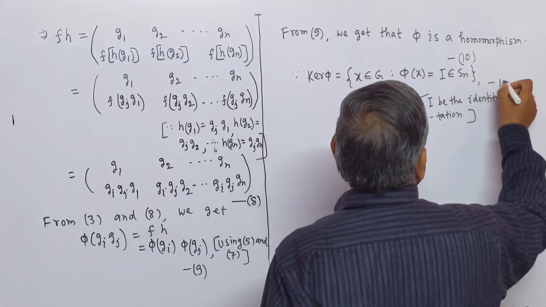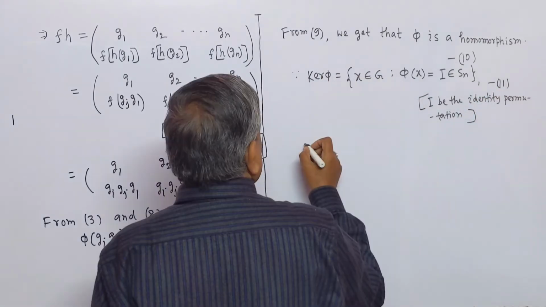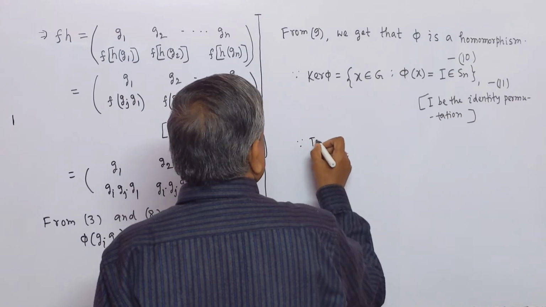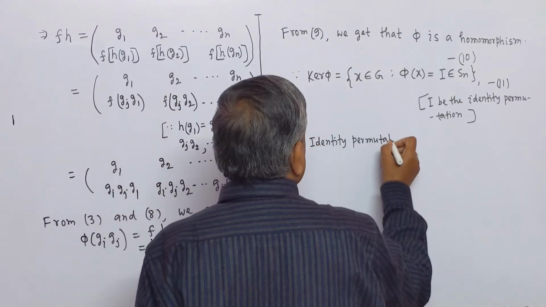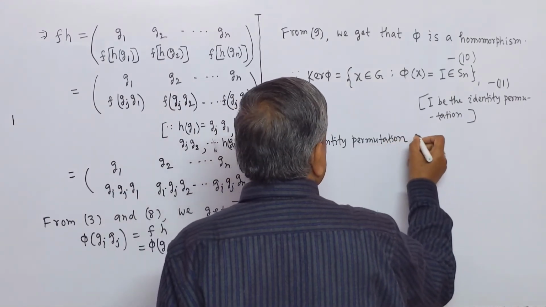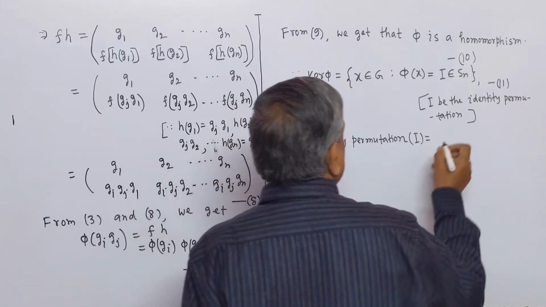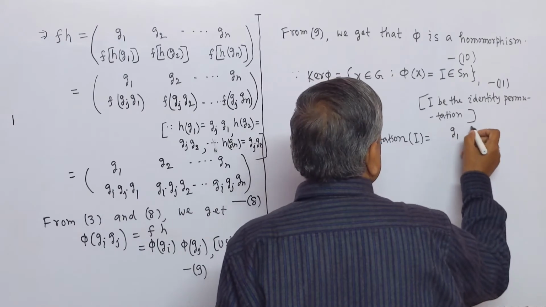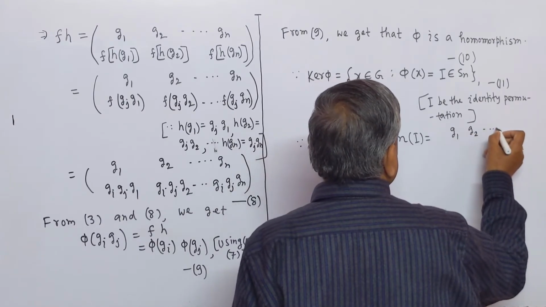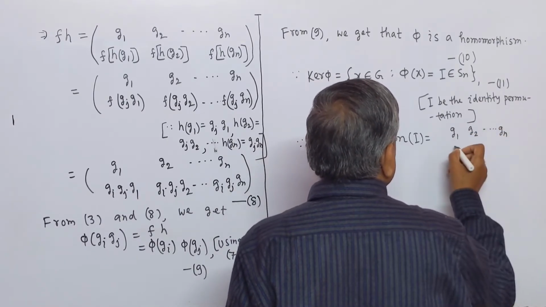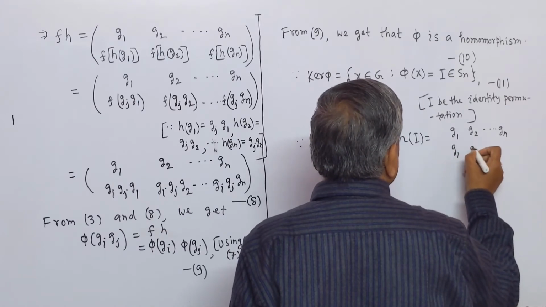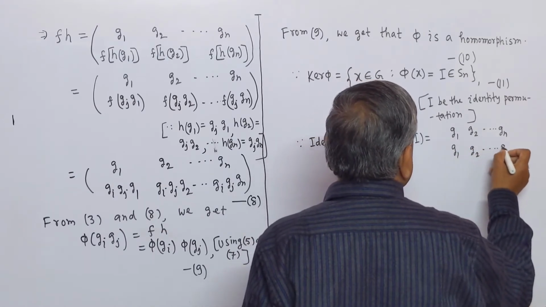This is number 11. Since the identity permutation I maps g1, g2, ..., gn to g1, g2, ..., gn.